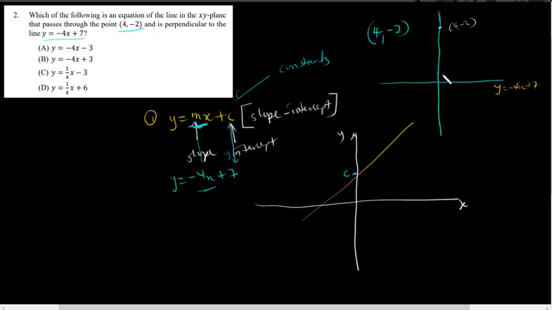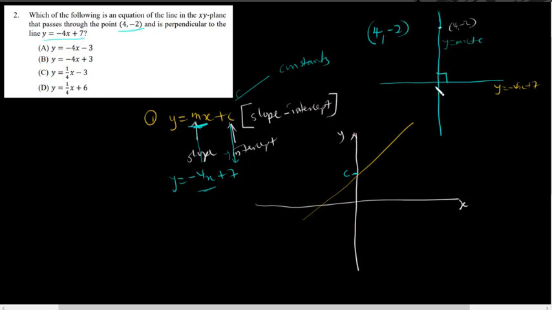That is, it will be at 90 degrees with the line. When we say perpendicular, it means 90 degrees, or it will meet the line at a 90 degree angle. So we have to find the equation of this line, that is y equals mx plus c.